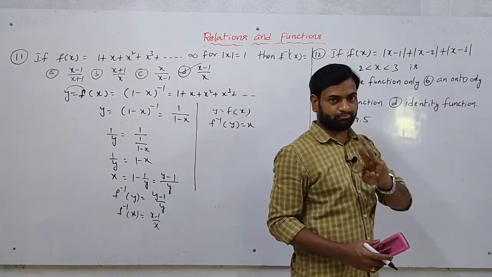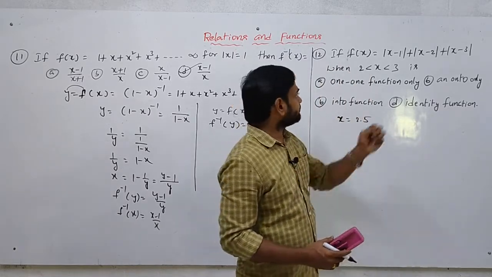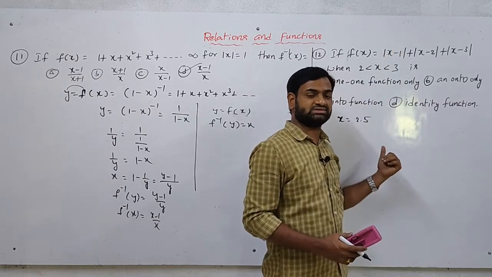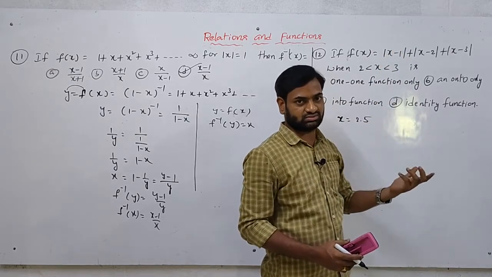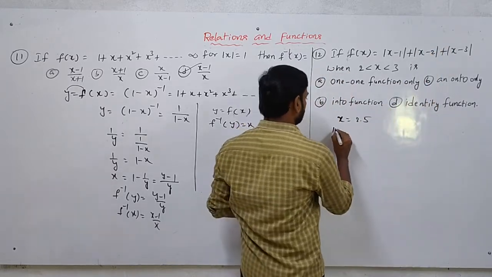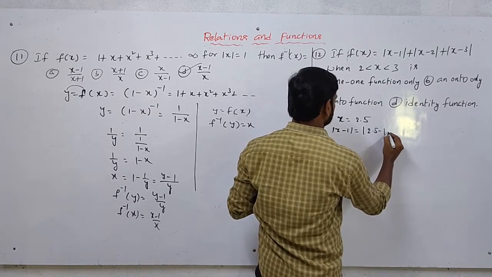There are 3 functions: mod of x minus 1, mod of x minus 2, mod of x minus 3. If it gives a positive answer, then it is plus. If it gives negative, then it is negative. That's it. Now see, mod of x minus 1 is equal to mod of 2.5 minus 1.